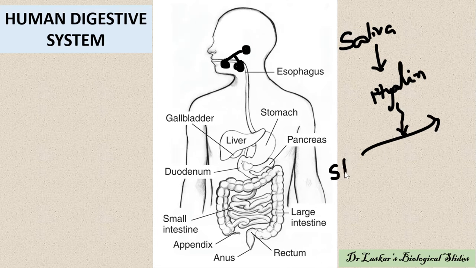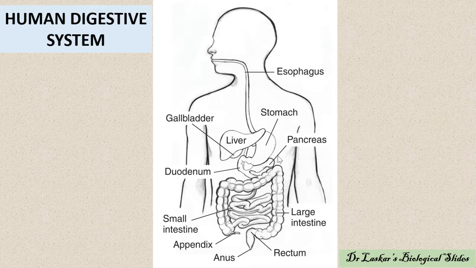It mainly converts starch into maltose. That is the function of ptyalin or salivary amylase, secreted in the salivary juice from the salivary glands.